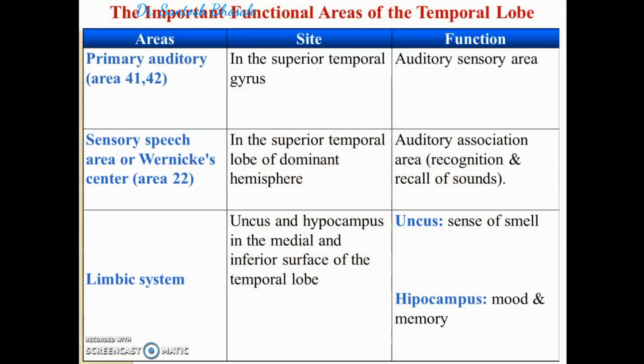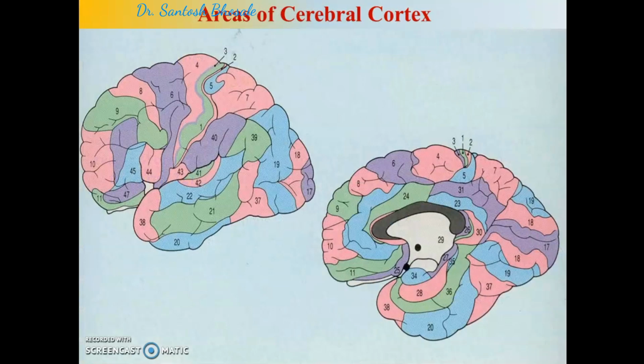So temporal lobe is concerned with the hearing, the primary auditory area number 41 and 42, that is concerned with the perception of the sound, and area number 22, sensory speech area, that is the identification of the sound and frequency, and the uncus is a part of limbic system.